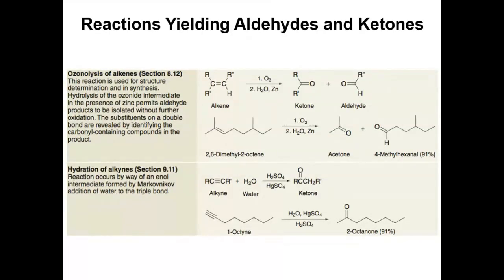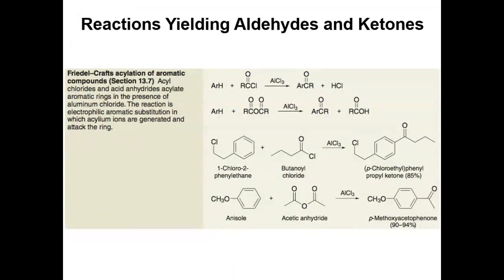As early as chapter 8, we learned that ozonolysis can give us ketones or aldehydes, depending on the structure of the alkene. Also in chapter 9 in organic 1, we learned that hydration of alkynes can give us ketones mostly, and in some cases aldehydes.